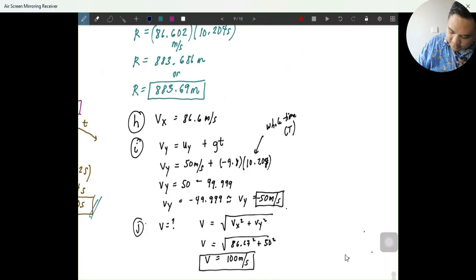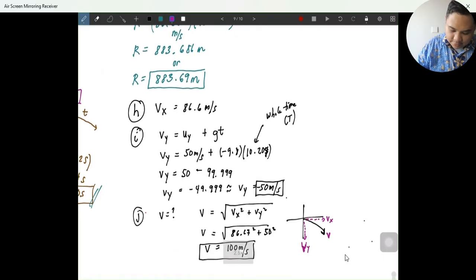However, if you're gonna imagine that, this one will be your projectile. Okay, and so this one is your Vx, this one is your Vy, and then this one is the V. Okay, now how about for the angle?